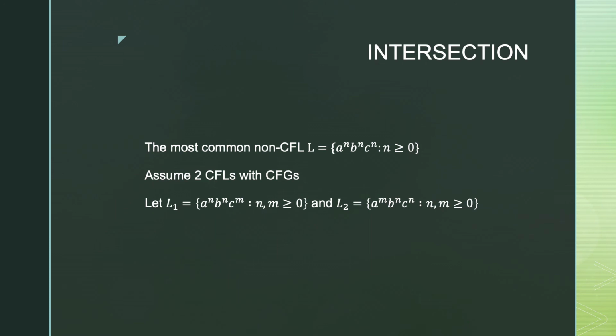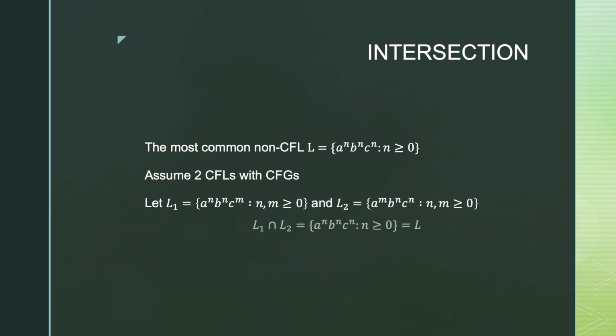And notice that in L1, a and b are dependent. It ensures that a and b are in the same number, but c is independent. Similarly, L2 has an independent a, but the number of b's and c's are dependent. Now, what if we combine the two rules, which is nothing but intersection, because intersection on two sets of elements takes out the element which is common to both the sets.